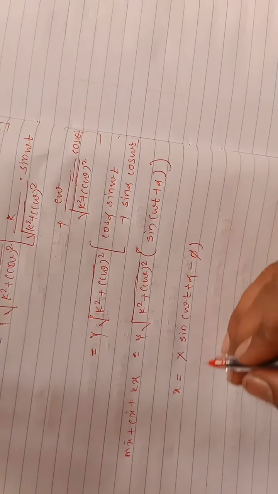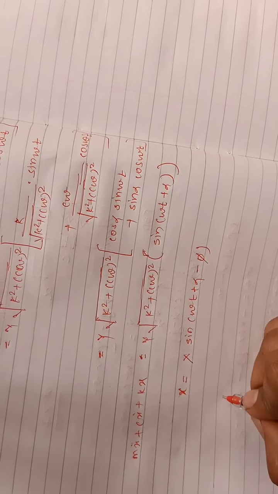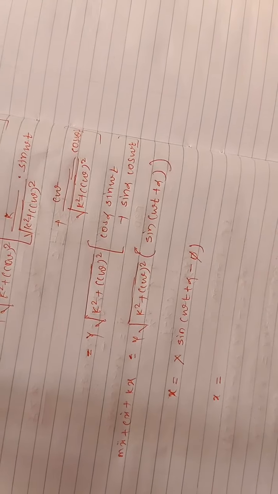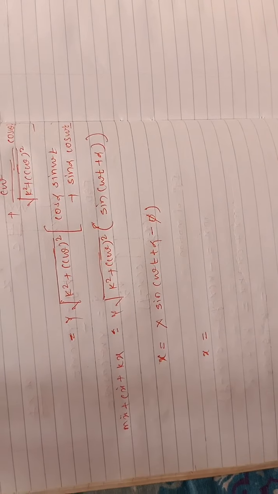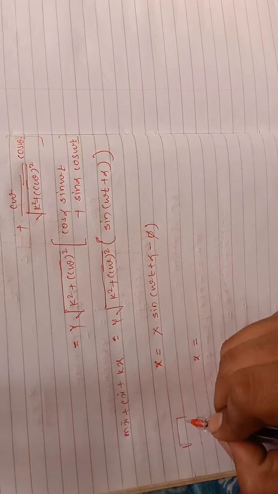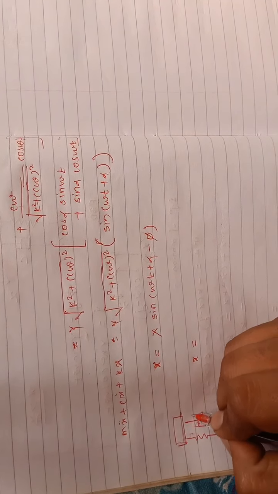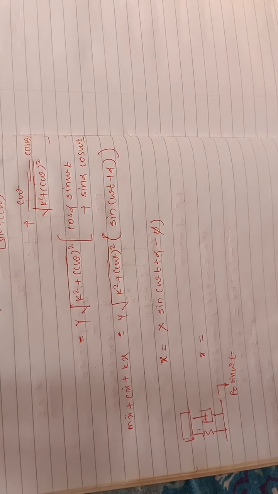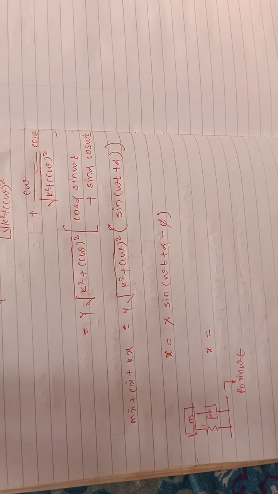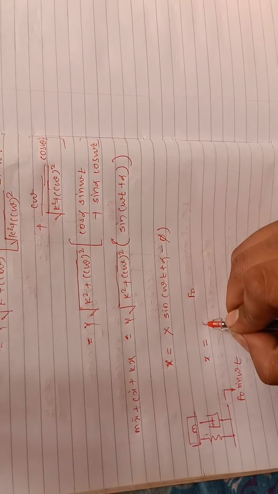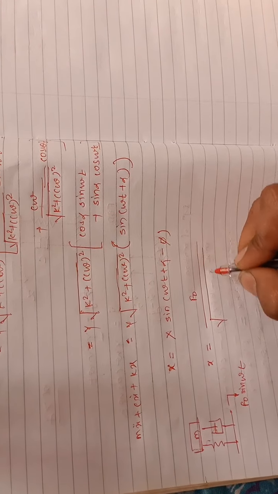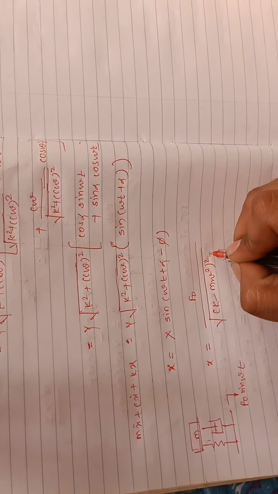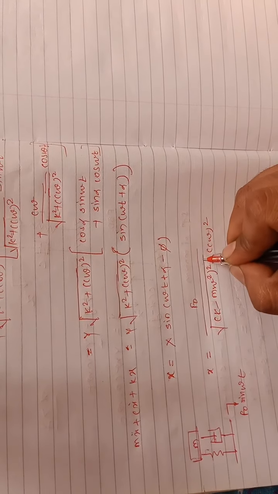The response x for forced vibration of F naught sin omega t, that is like this system which is having a forced vibration of F naught sin omega t on system of mass m, is given by F naught divided by square root of (k minus m omega square) bracket square plus (c omega) bracket square.